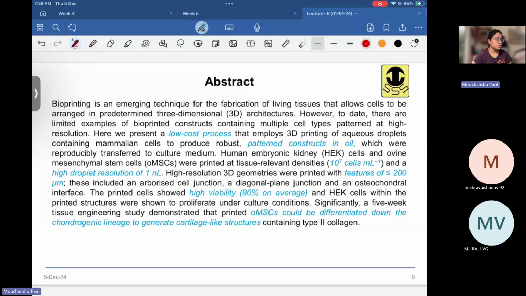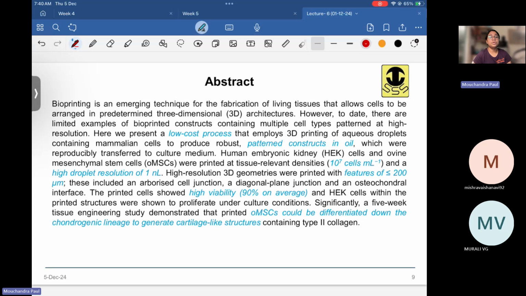So droplet bioprinting, in fact, is an emerging technique for the fabrication of living tissues that allows cells to be arranged in predetermined three-dimensional architectures. Yes, we know. However, to date, there are limited examples of bioprinted constructs containing multiple cell types patterned at high resolution. Since this paper is from 2017, they are talking in that context.